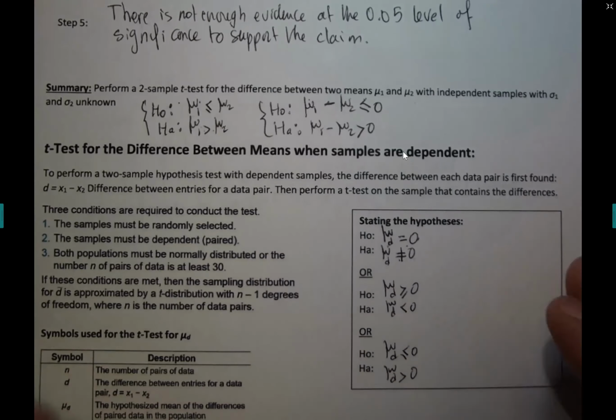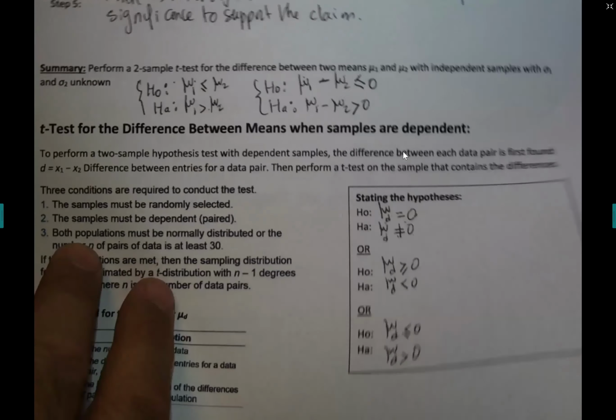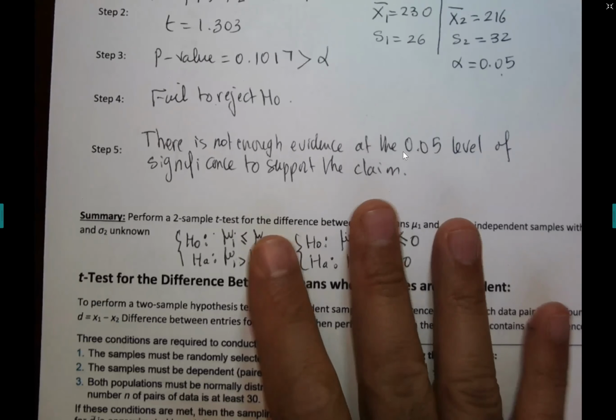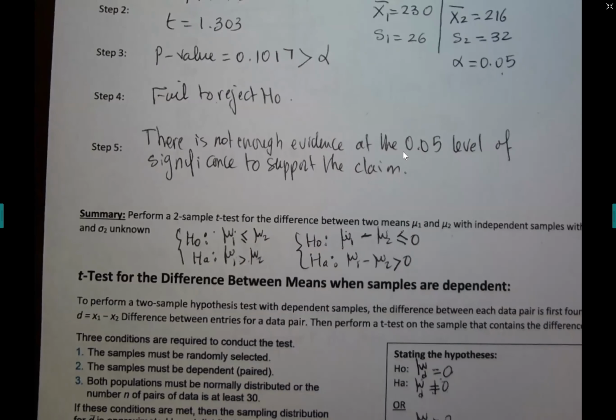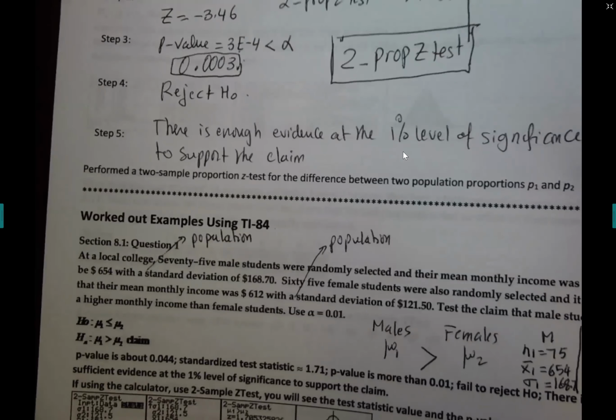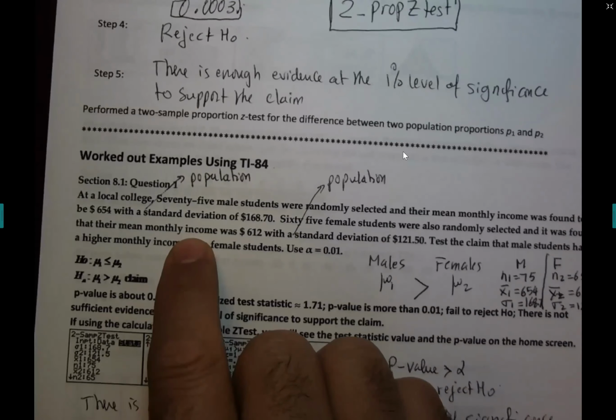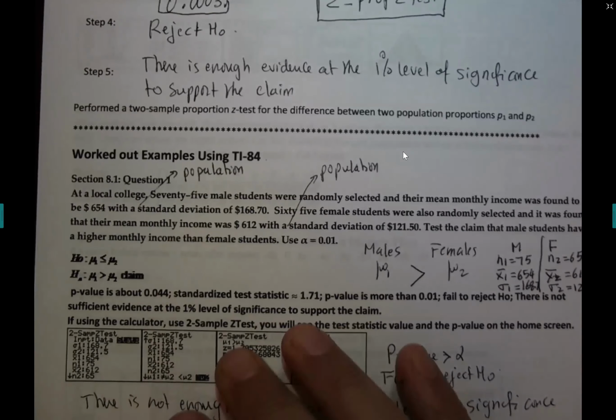So this is section 8.3, guys. I have a few more examples that I'm gonna go over before I wrap this up, and that should be it for section 8.3. All right, we did the first example. This is from section 8.1.